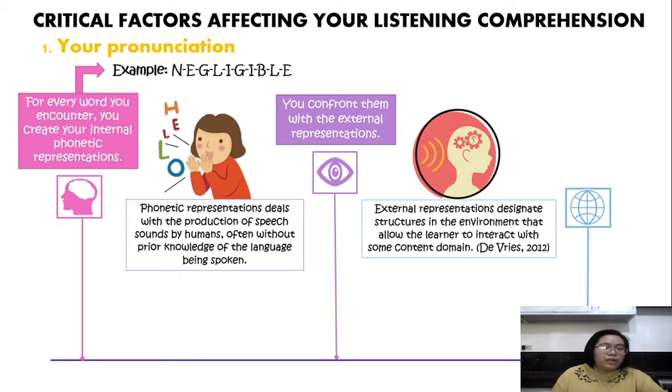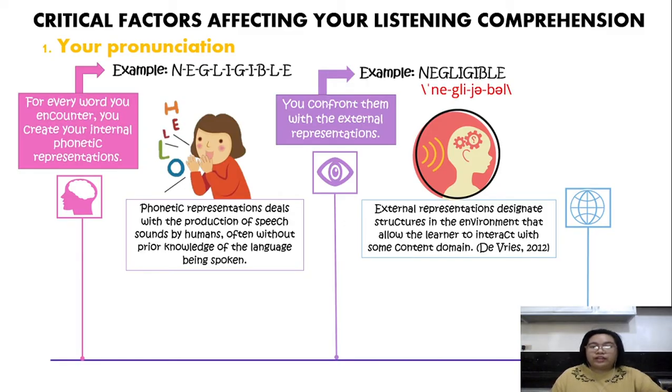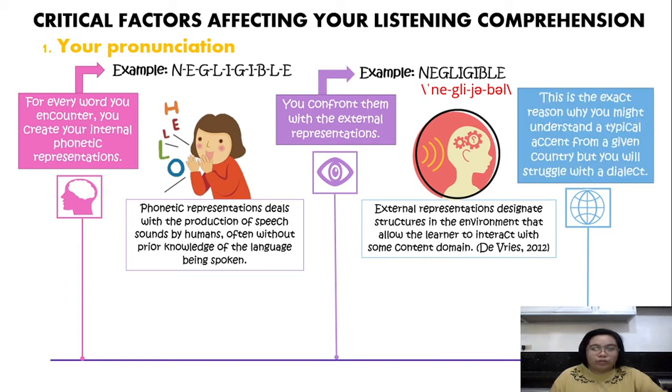Thus, in dealing with the pronunciation, there must be a relationship with the student's phonetic and external representation. That's why there is a relationship between phonetic and external representation. So when the students encounter this word, he or she will be able to pronounce the word "negligible".